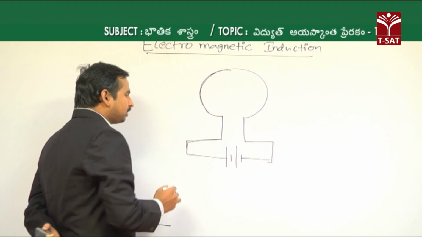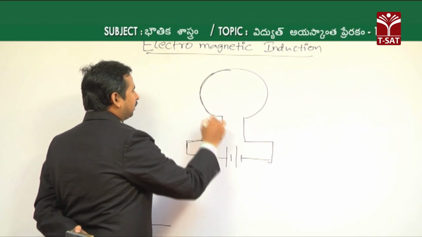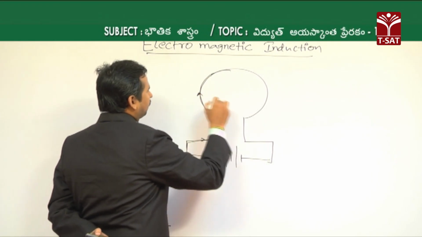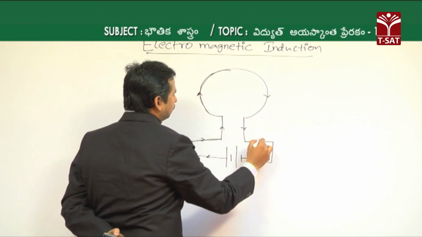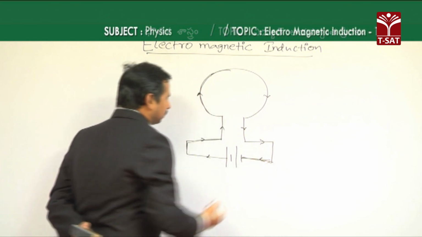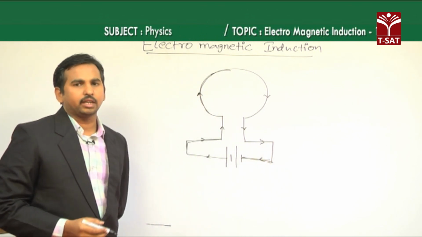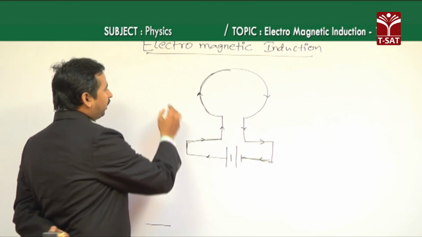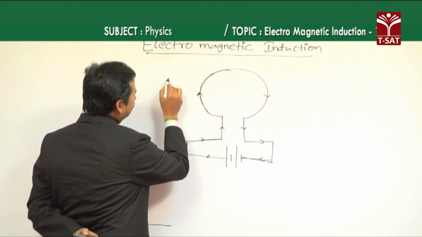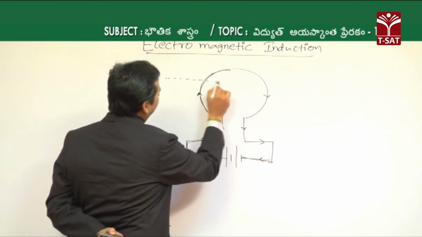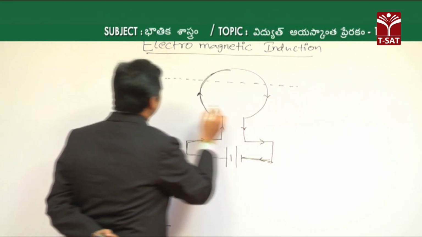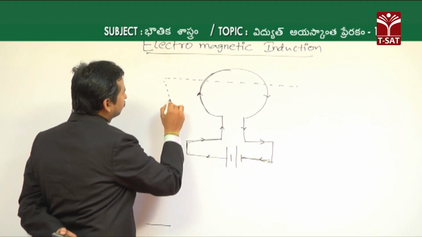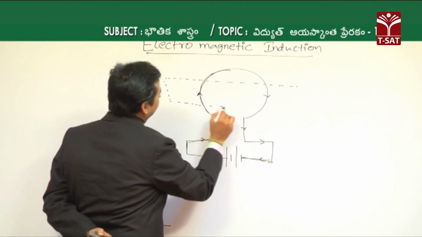As the current passes through it, going up here and coming down here in this circuit, we take the magnetic lines of forces around this circular coil, in the plane at this point.